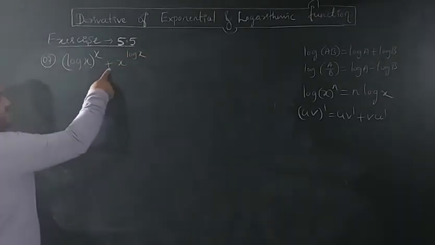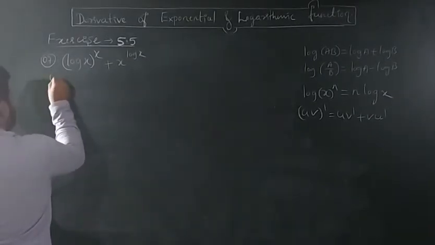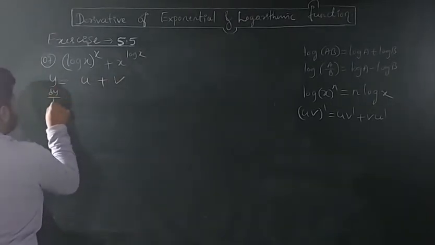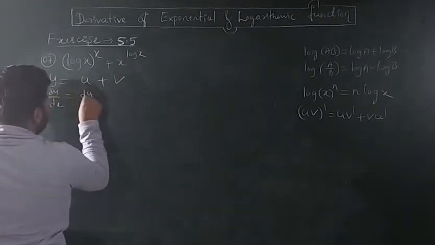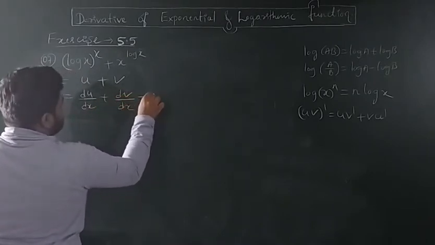So again there is a plus sign between the two functions, so we should take u and v. Whatever the given function is, y equals u plus v, then dy by dx equals du by dx plus dv by dx. Equation number 1.